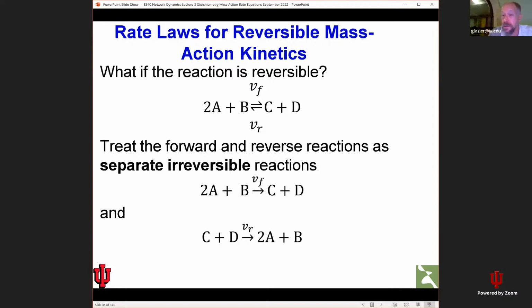So now let's think about reversible reactions. The rate of the forward reaction depends on what's on the left-hand side. The rate of the reverse reaction depends on what's on the right-hand side. So I'm going to treat this as two separate irreversible reactions: 2A plus B goes to C plus D, and C plus D goes to 2A plus B. So whenever you see a reversible reaction, you automatically break it up into two irreversible reactions.